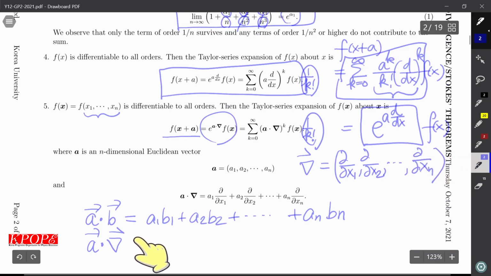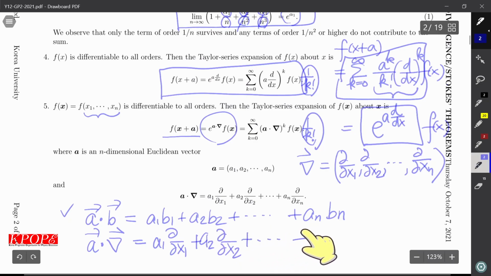So if we make use of this definition, it's consistent to write a1 partial derivative with respect to x1, a2 partial derivative with respect to x2, and so on, an partial derivative with respect to xn.